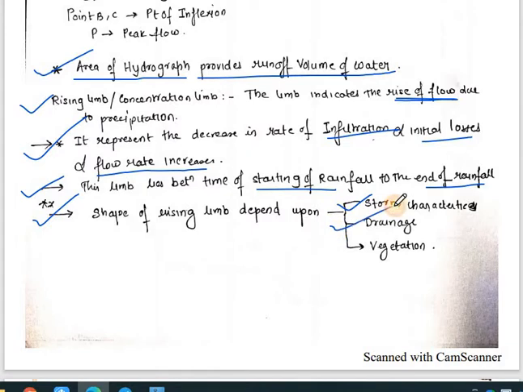After that, drainage: how is the drainage quality of your area? That will also affect the shape of the rising limb, as well as the vegetation available in the area. So these are the three factors which will affect the shape of your rising limb.